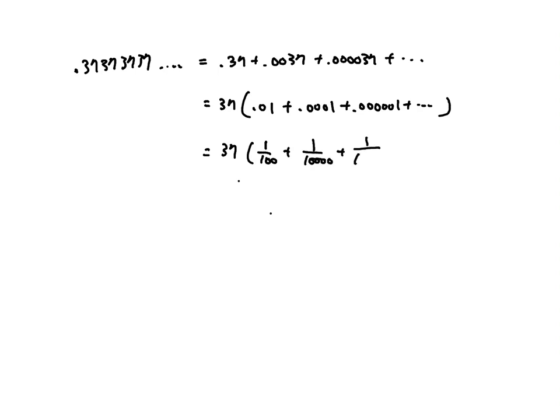Which means this is 37 times 0.01 plus 0.0001 plus 0.000001 plus, and so on, which is the same as 1 over 100 plus 1 over 10,000 plus 1 over 1,000,000.